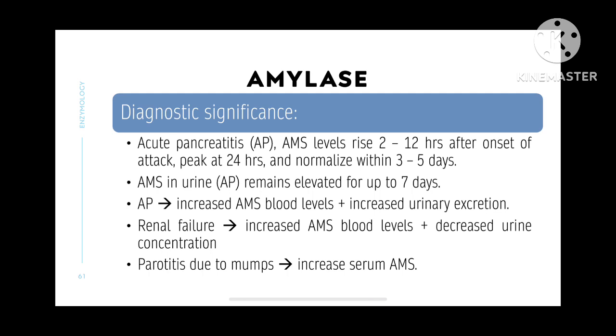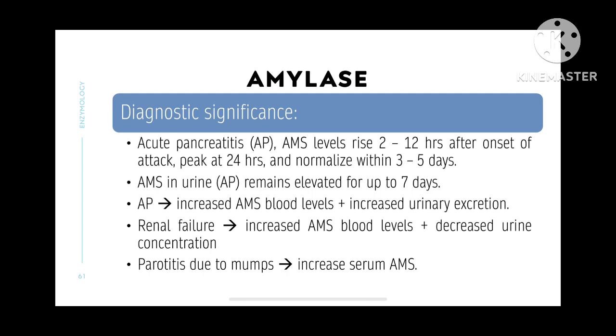In addition, other laboratory tests such as measurements of urinary amylase levels, amylase clearance studies, amylase isoenzyme studies, and measurements of serum lipase levels are used in conjunction with serum amylase measurement. The increased specificity of amylase measurements is very helpful in the diagnosis of acute pancreatitis.